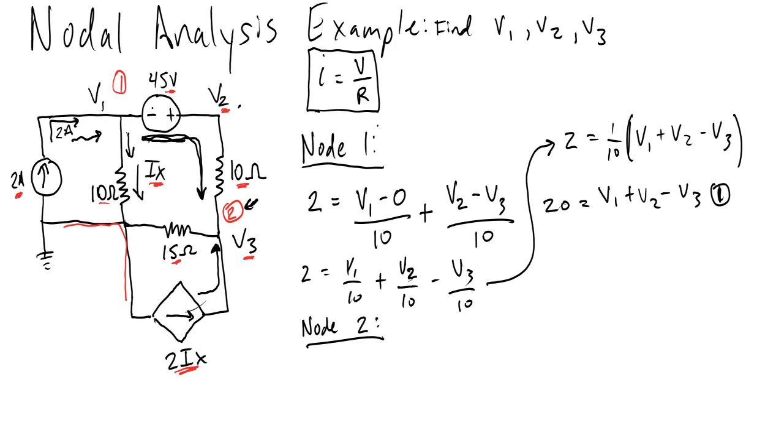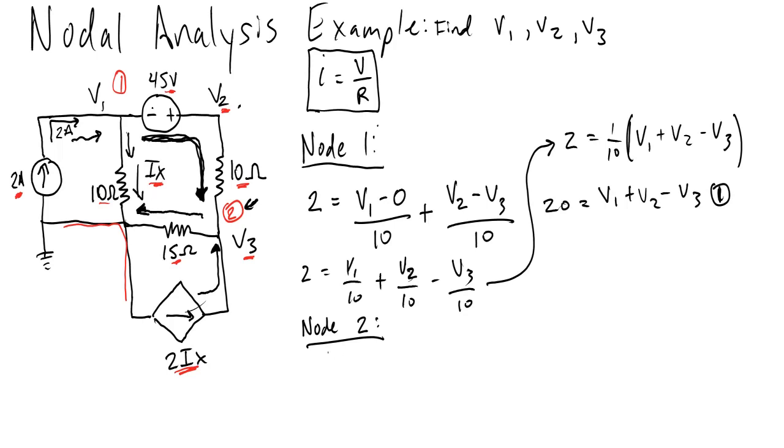We know from before that current is flowing through the negative terminal of this voltage source and out of the positive node coming down, so that's another current going into node 2. And then finally we know that current flows from higher potential to lower potential, so we're going to have this current flowing out of the node from V3 down to ground through this 15 ohm resistor.